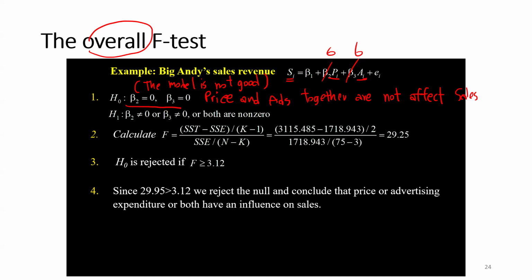But if both do not affect sales, your model is pretty bad. Versus at least one beta is not zero.